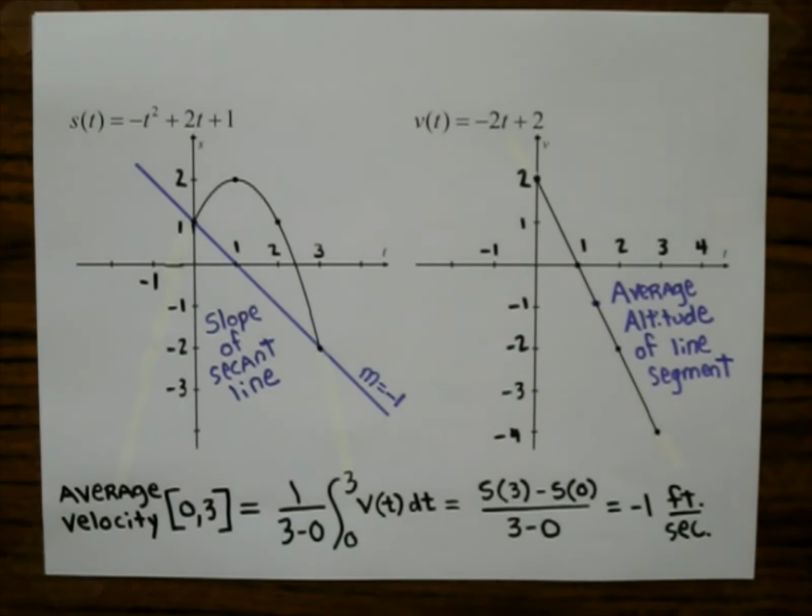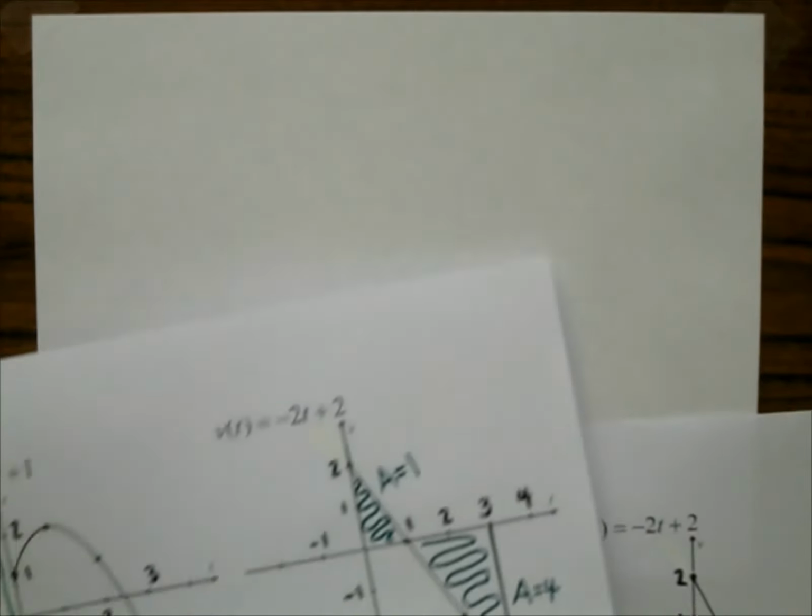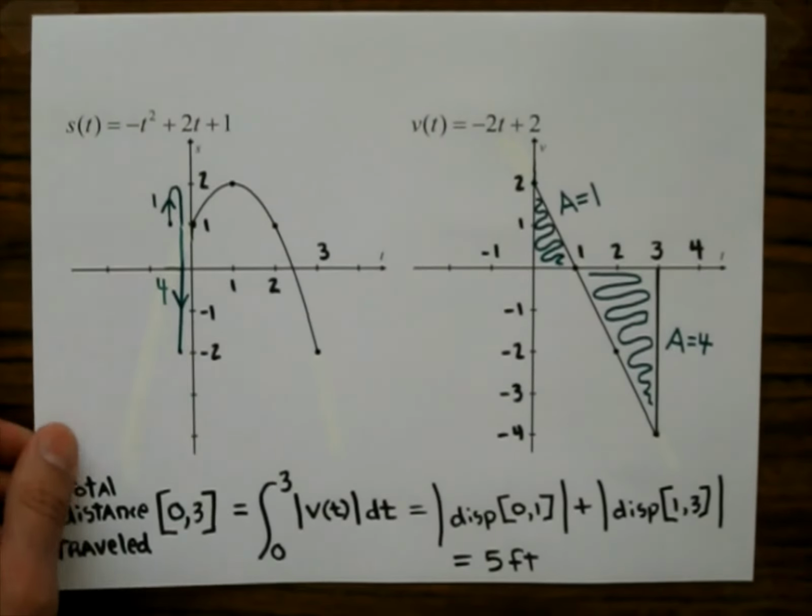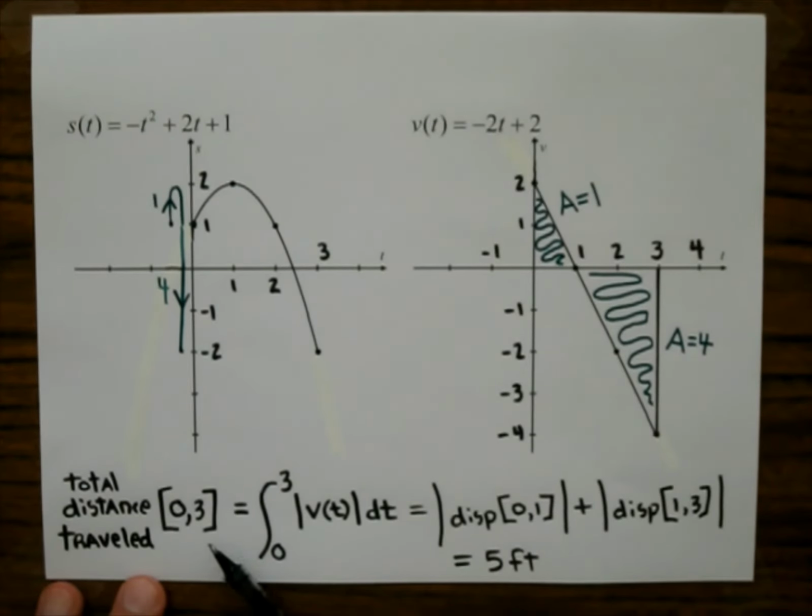Another common question asked in this class is the total distance traveled. The total distance traveled is gotten by taking the integral of the absolute value of the velocity. When we just had the position function, we did the displacement, and we had to find our rest times.